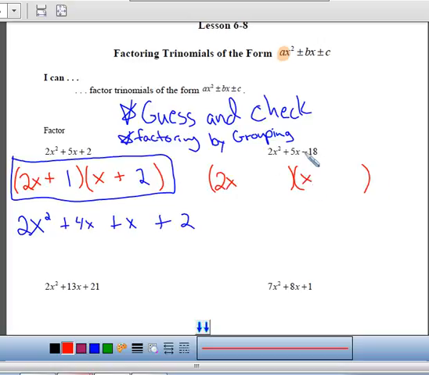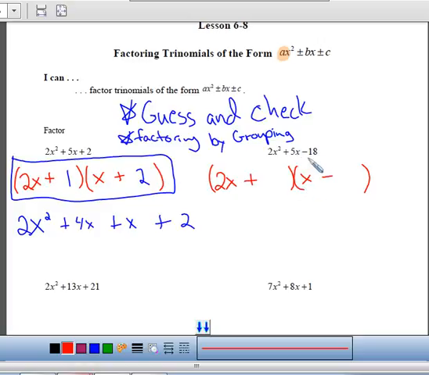And I know that since my last term is negative 18, I have to have two numbers that multiply to give me negative 18. So one is going to be positive and one is going to be negative. Now, coming up with the number that goes here and the number that goes here, that's the tricky part. And remember, when you're done, they have to add up to 5x.